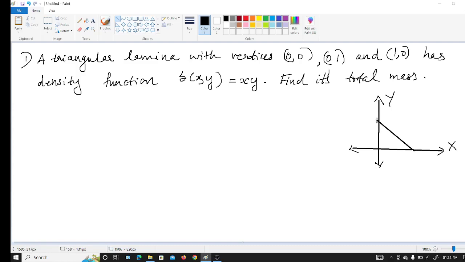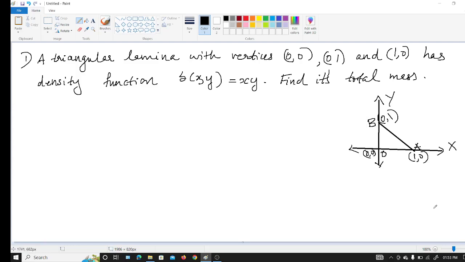Now we can mark this point as (0, 0), this is the point (1, 0) and this is the point (0, 1). Mark this point as O, this point as A, this point as B.